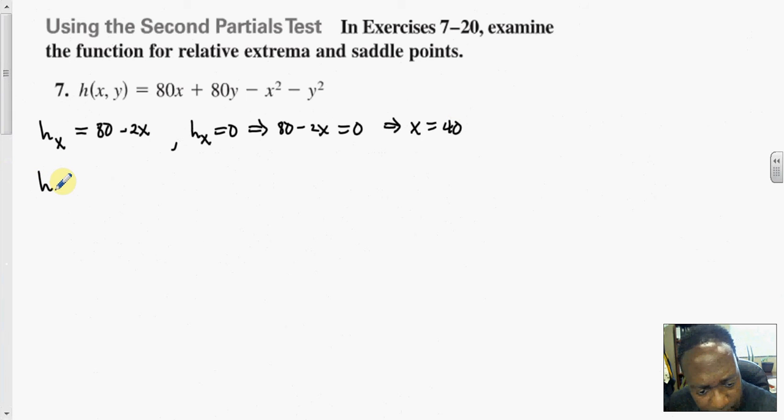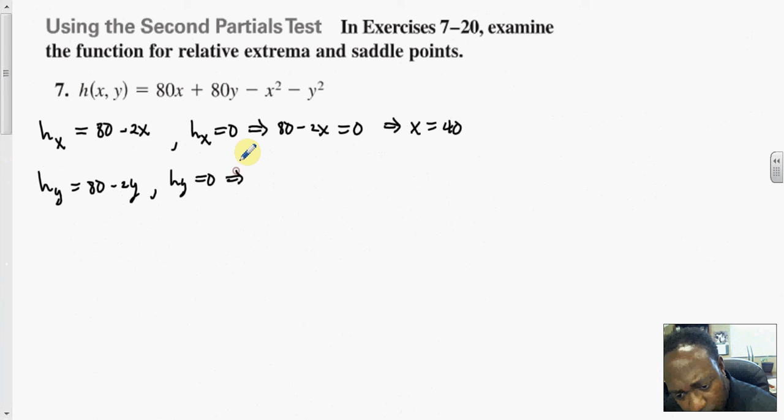Now the partial of h with respect to y. Here we get 80 minus 2y. We set this partial equal to 0. So we have 80 minus 2y equal to 0. That implies that y is equal to 40.